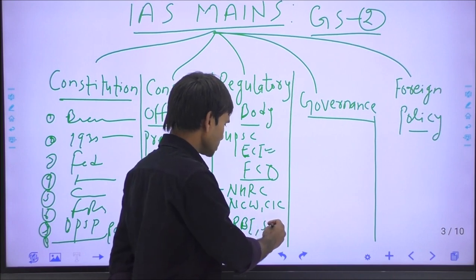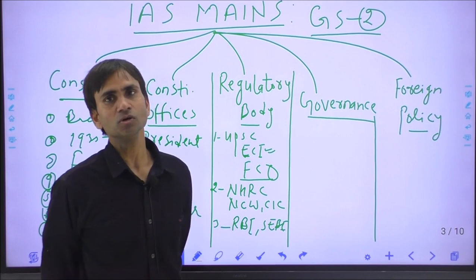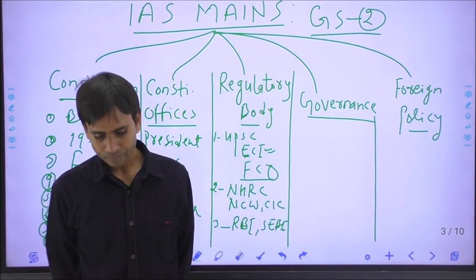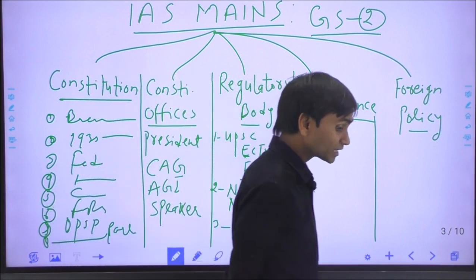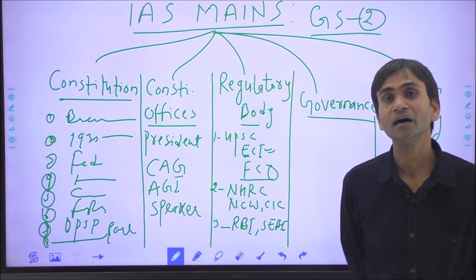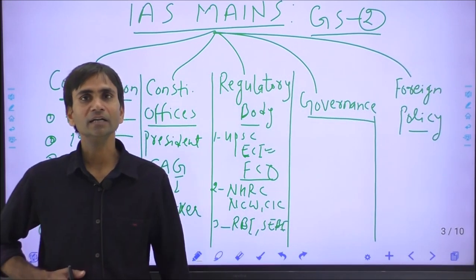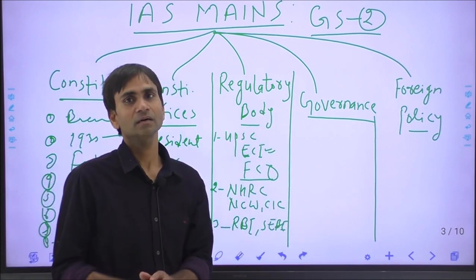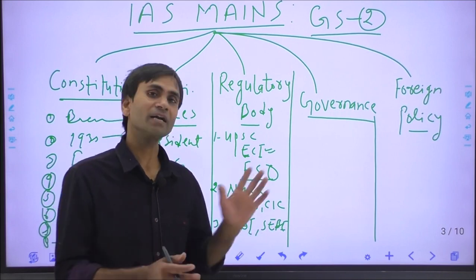Then SEBI, the Securities and Exchange Board of India, controls all the financial markets and share markets in India. There are so many corruption cases in share markets, in recent times and also in the past, and not only thousands but millions of investors have had to suffer loss in the share markets.